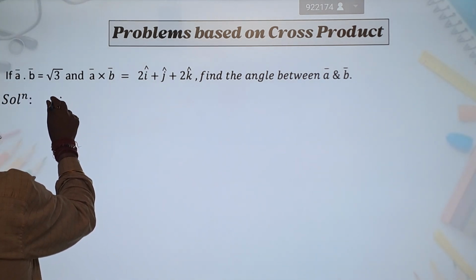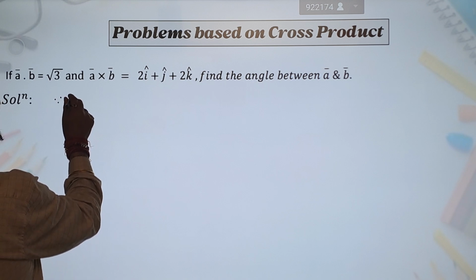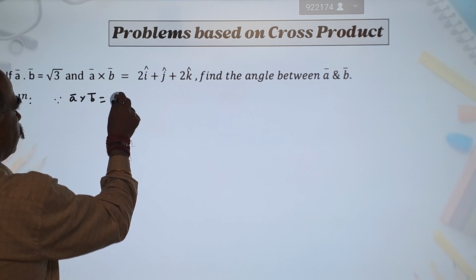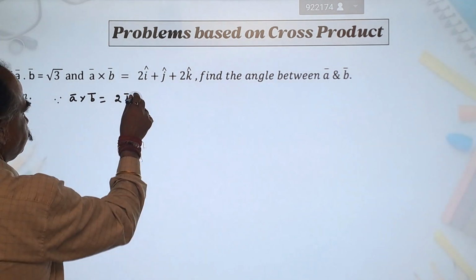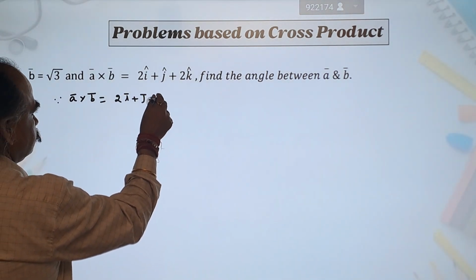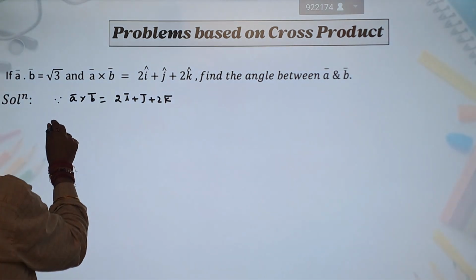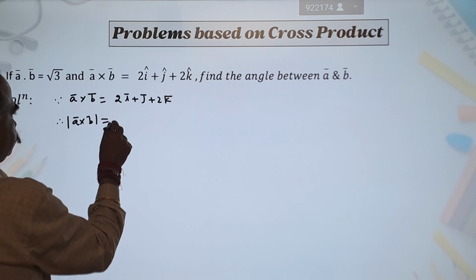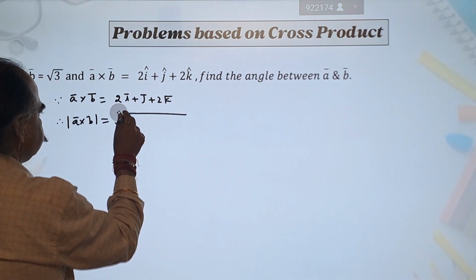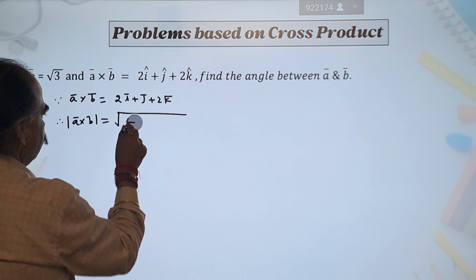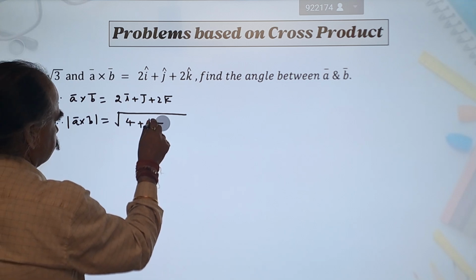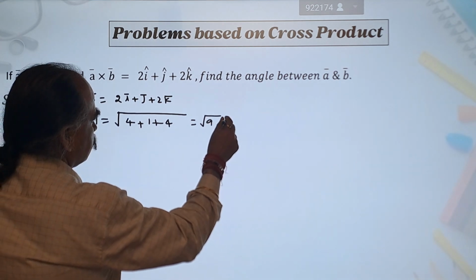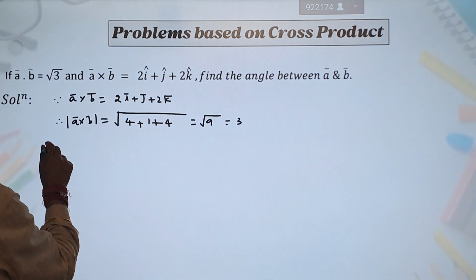Since a bar cross b bar is 2i plus j plus 2k, the modulus of a cross b is root of 4 plus 1 plus 4, root 9, is equal to 3.